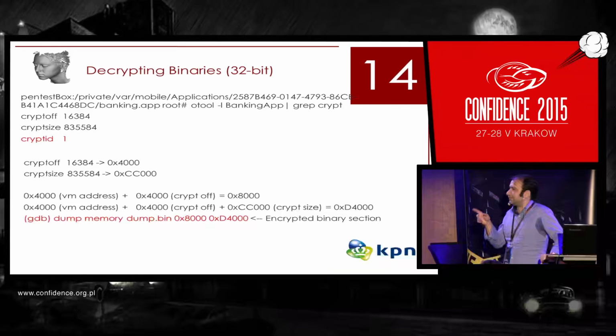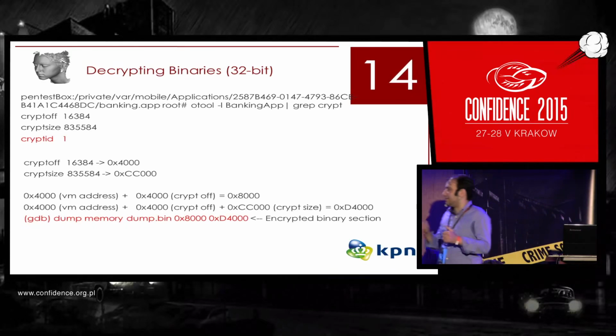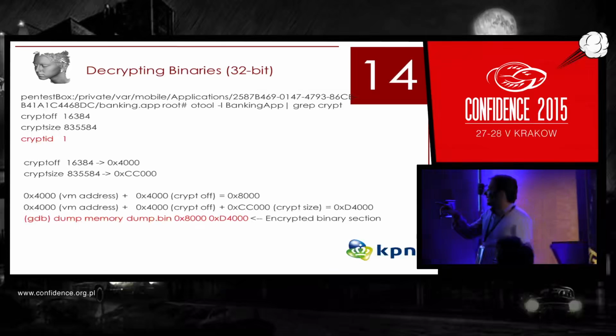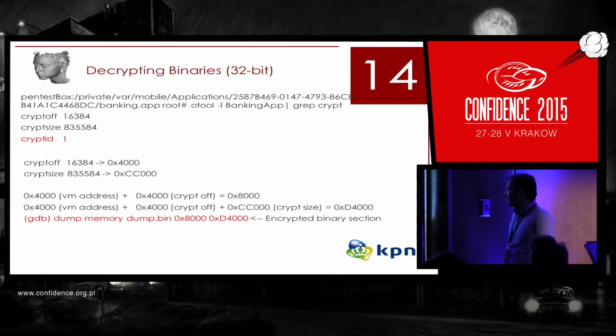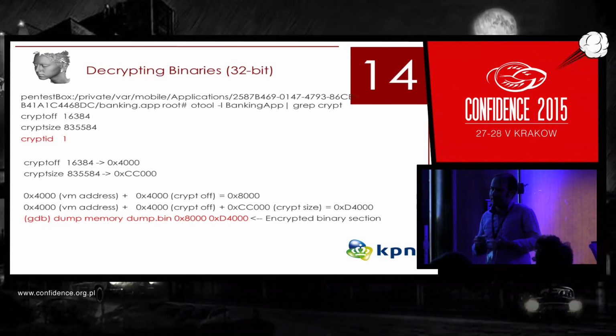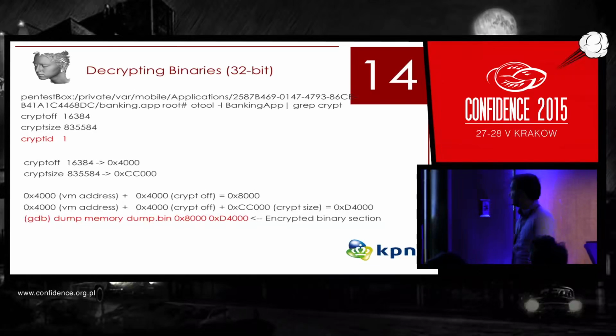If the cryptid is returned as zero, it means the binary is not encrypted. So in the past, we used to find the encryption section and VM address, the virtual memory address, and find the length of it. And we simply ran the executable under a debugger, defined the sections, dumped the binary, and we could simply extract the unencrypted executable.